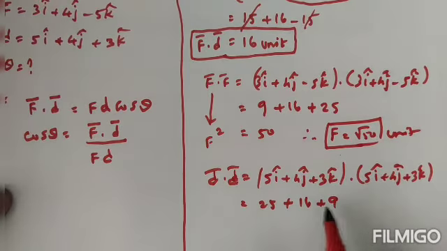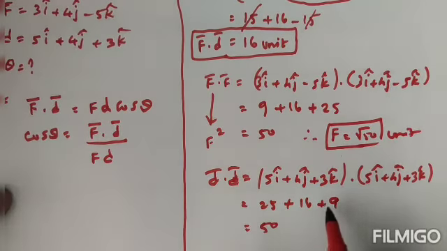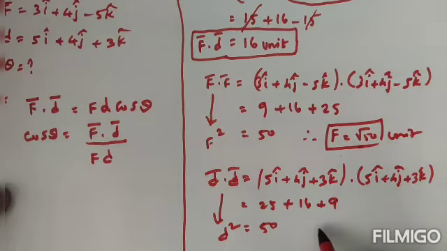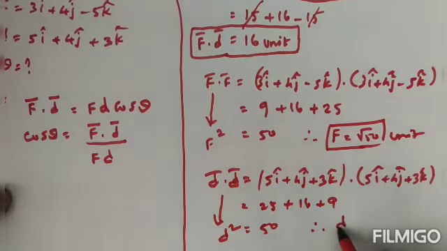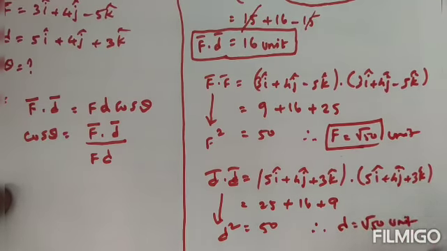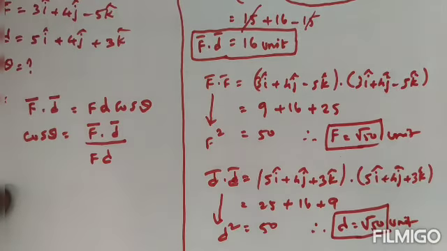So 25 plus 16 plus 9 is also equal to 50. So D squared is equal to 50, therefore D is equal to root 50. Now we found the D value also.